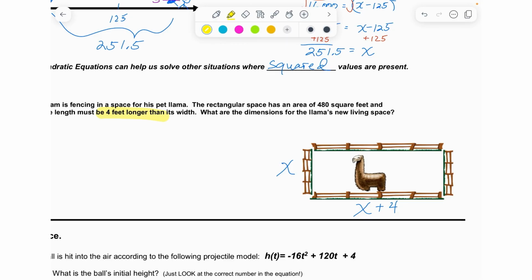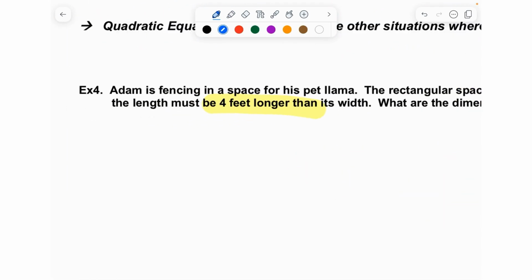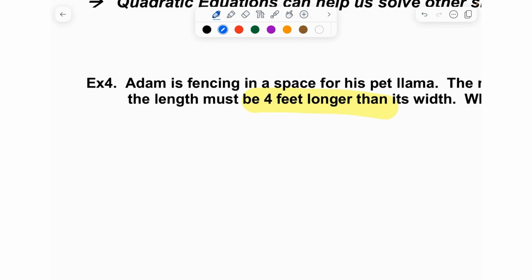And what do you do with a length and a width? You can use them to find an area. How do you use them? You multiply them. Remember, area is always length times width. So if I multiply my two dimensions, which are x and x plus 4, I can set them equal to the area. And I'm starting to create an equation.